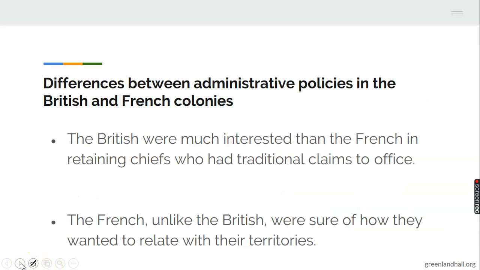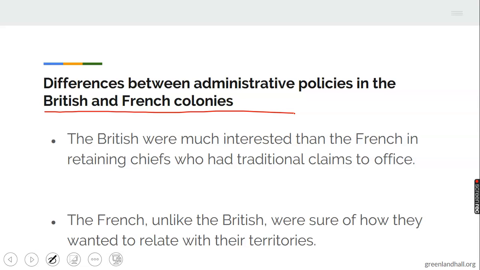Now, let's look at another subtopic: differences between administrative policies in the British and the French colonies. Let's look at the differences between the two policies, the administrative policy of the two.